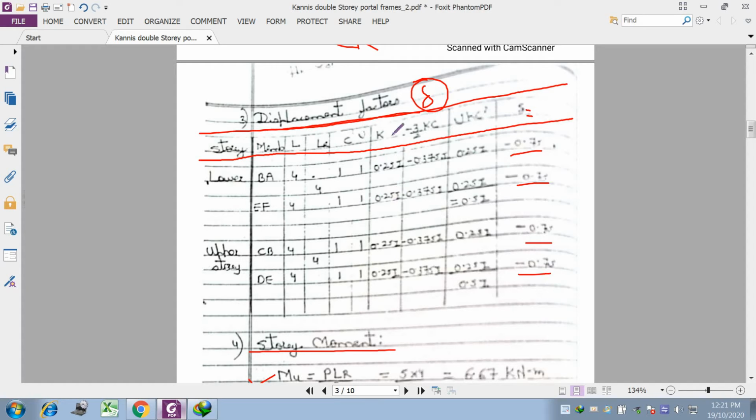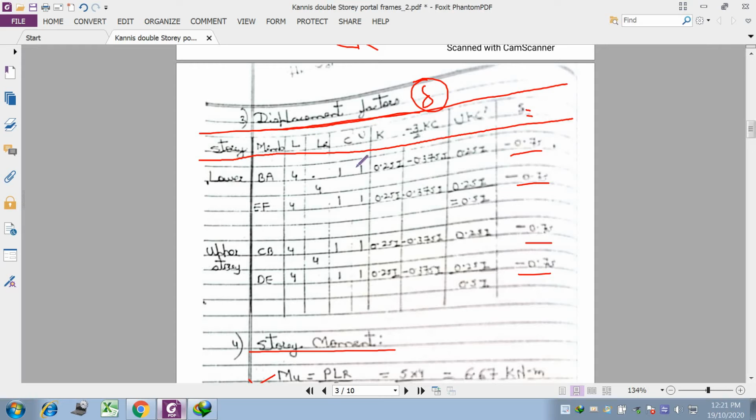Then the calculation of K, that is the stiffness. The K value will be taken from step number 2 that we have already calculated. So we have to take this K value from the previous step. Then 3/2 Kc is the upper, or numerator part of the formula, and summation of UKC square is the denominator part.